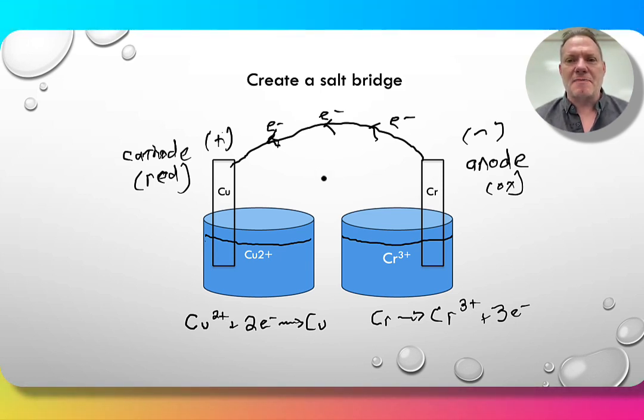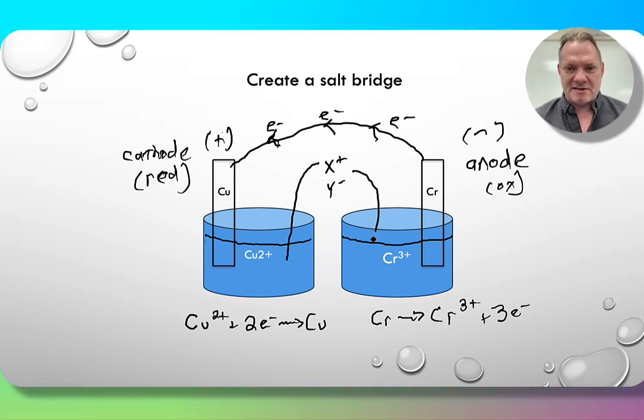I'm just going to call it X plus and Y minus. So I have some ions that are positive, like sodiums, and some ions that are negative, like chlorides, and these are going to be connecting these two beakers together. Imagine maybe it's a tube full of these ions.